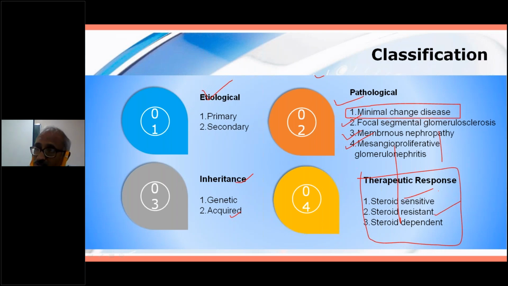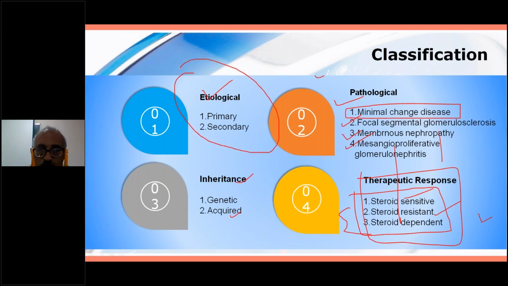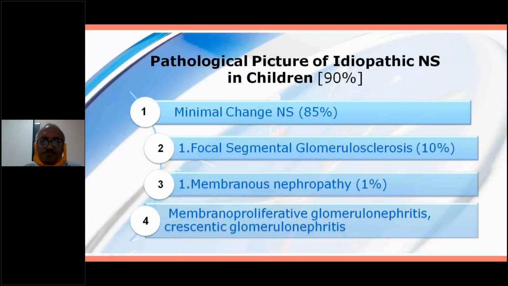If it is responding, but the moment you stop, it comes back, that is called steroid dependent. So these are the 3 categories based on the clinical response. Very important. As a treating physician, this is the most important, so these are very important for us.